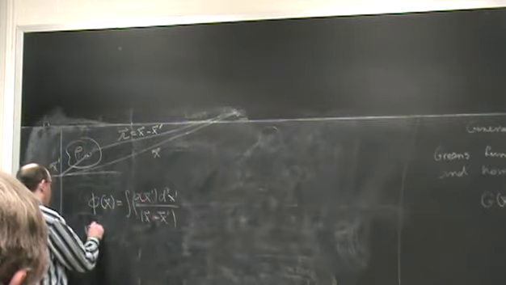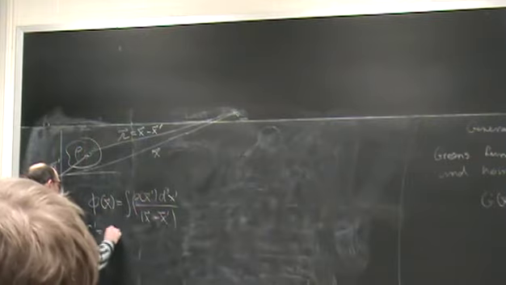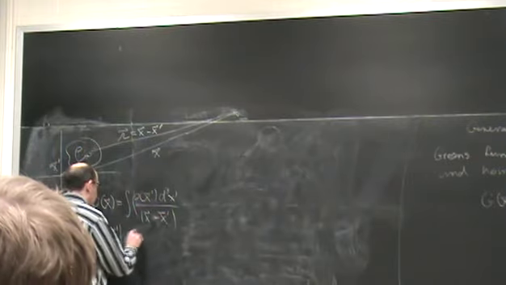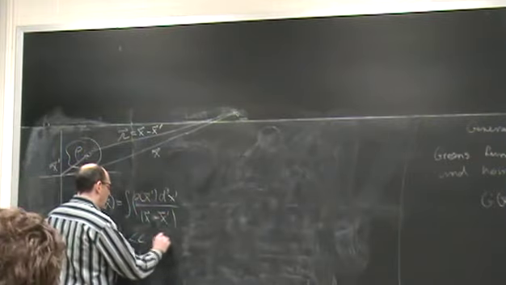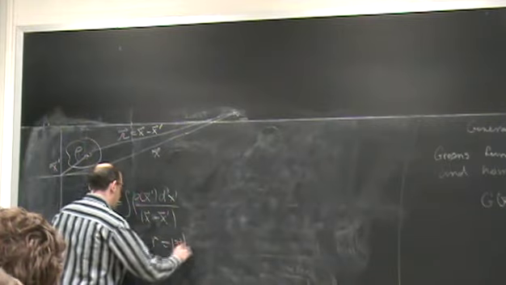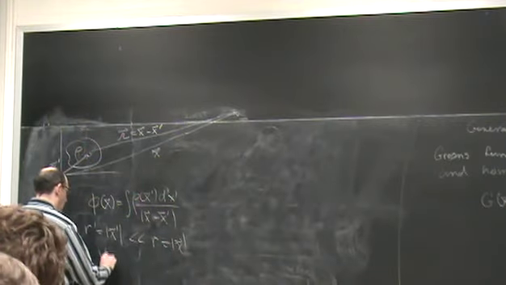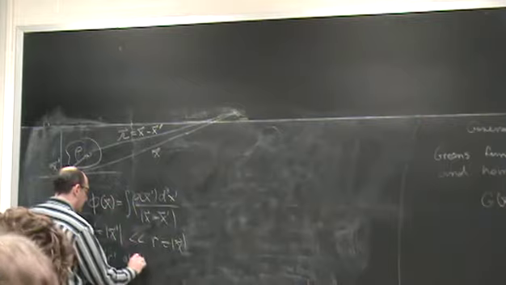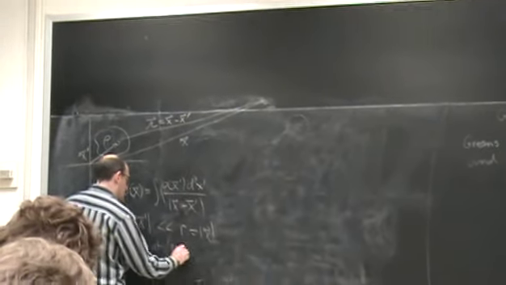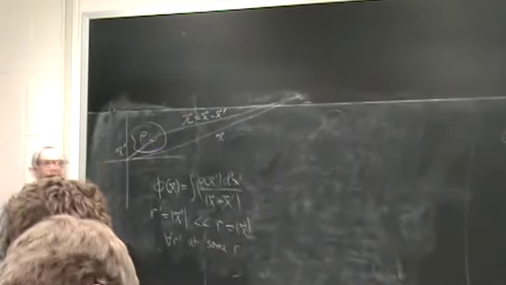Okay, so r prime, the magnitude of x prime, is going to be much, much smaller than r, the magnitude of x, for all r prime. Okay, so we're looking in this limit.